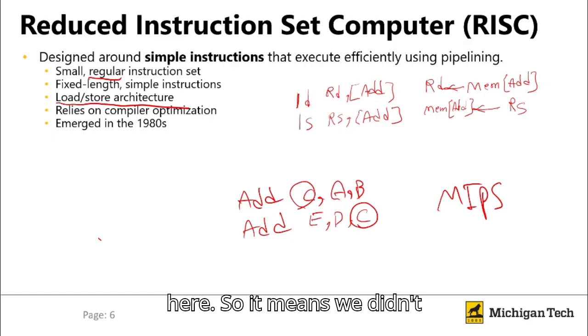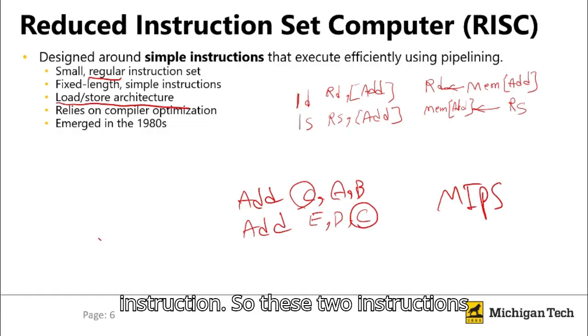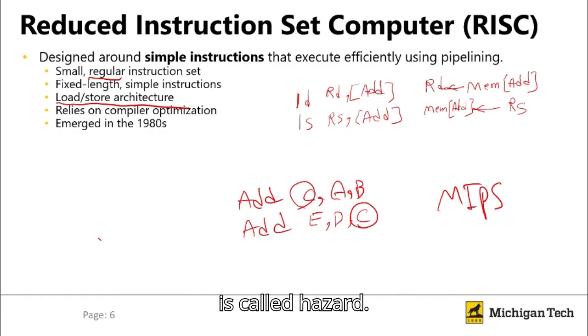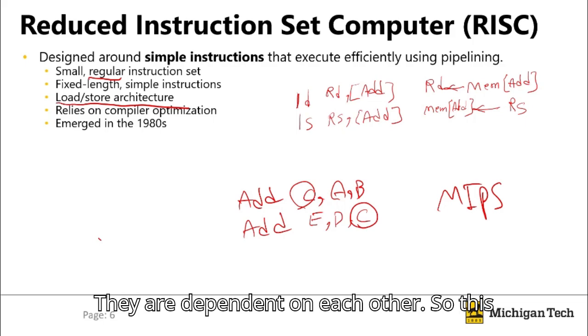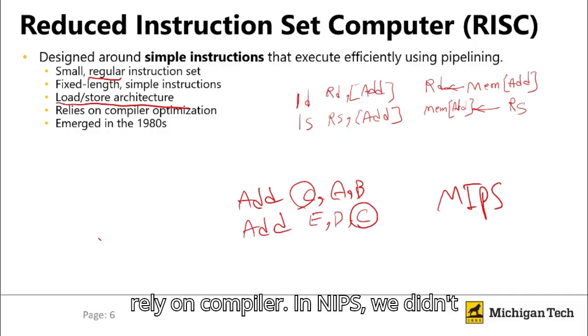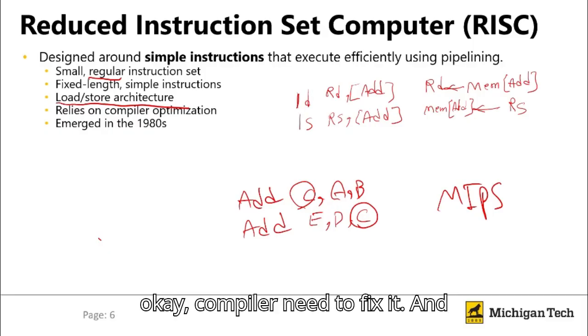It means we didn't finish the first instruction in the pipeline, and we want to use it in execution in the second instruction. So these two instructions cannot go to the pipeline directly. This is called a hazard. They are dependent on each other, so this is not possible. So we rely on the compiler. In MIPS, we didn't fix it at the hardware level.